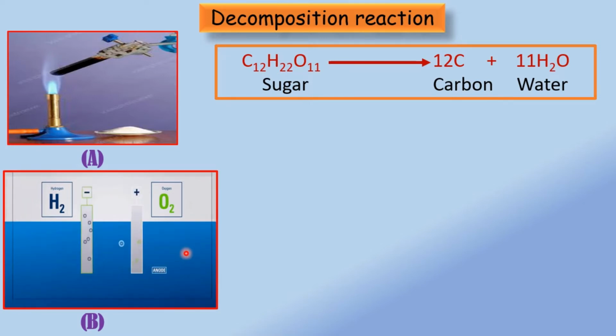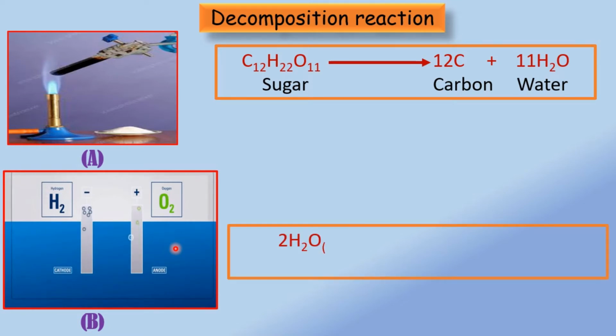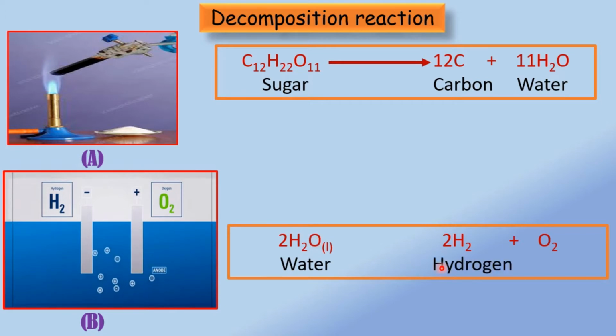This reaction takes place by means of electric energy, therefore it is called electrolysis. Here also you can see a single reactant, water, is giving rise to two products, that is hydrogen gas and oxygen gas.